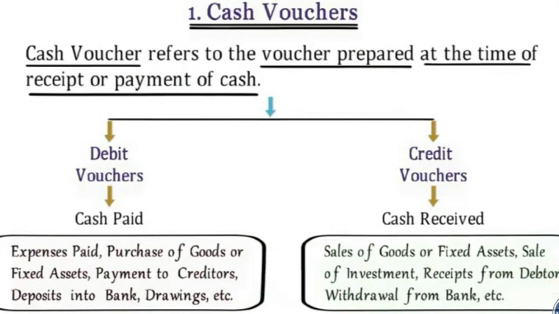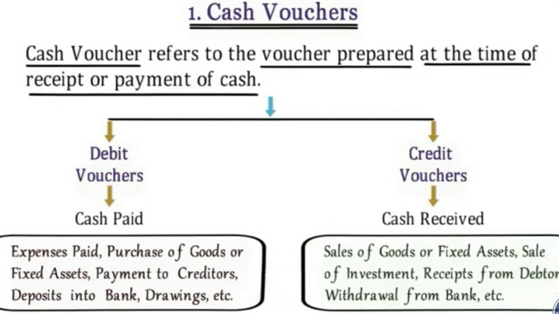Just like this, we can see the credit voucher. So when cash is received, a credit voucher is prepared. For example, sale of goods or fixed assets, sale of investment, receipts from debtors, withdrawal from bank, etc. When you sell goods, you receive cash.